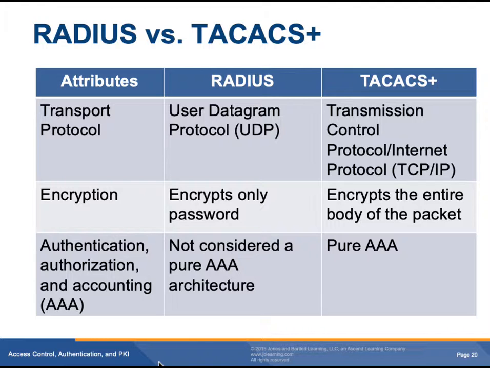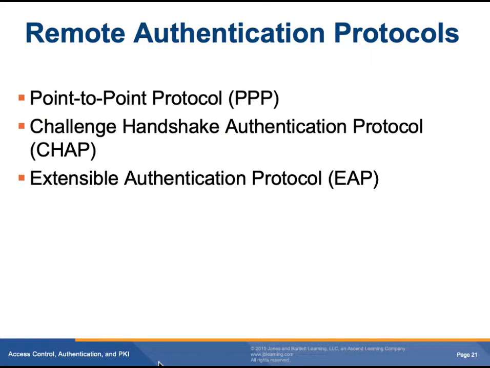It encrypts the entire body of the packet, and it's purely a AAA process. Remote authentication protocols include, there's more than this, but here's the essential: Point-to-Point Protocol, CHAP, Challenge Handshake Authentication Protocol, and the Extensible Authentication Protocol.